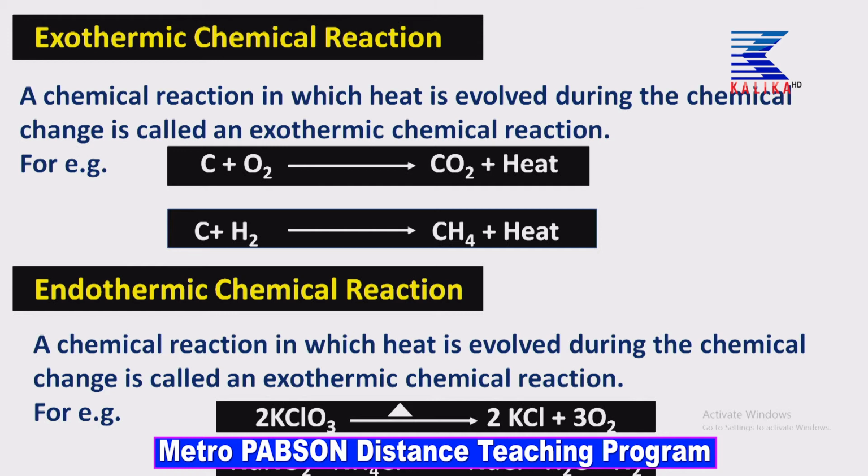There is an example, 2KClO3, on providing heat, breaks down into potassium chloride and oxygen molecule. That is why it is called an endothermic chemical reaction. In endothermic, you need to provide heat to make a reaction occur, whereas in exothermic, heat is automatically released out of the chemical reaction.